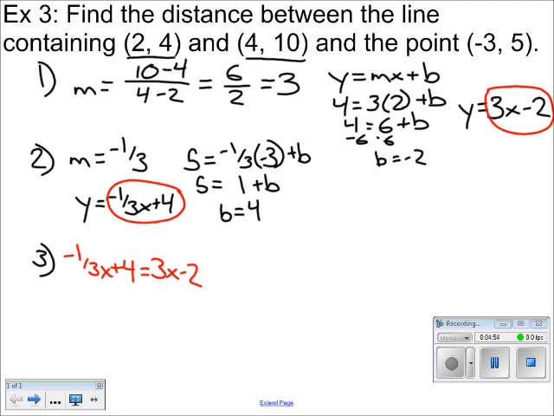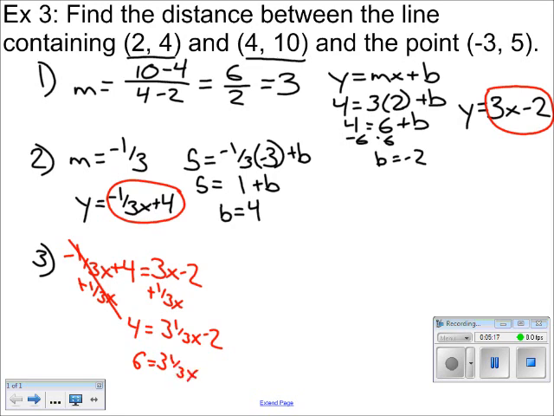Which one do you want to move? I'll just move this one. So 4 equals 3 1/3 x minus 2. And I would add 2 to both sides. So 6 equals 3 1/3 x.